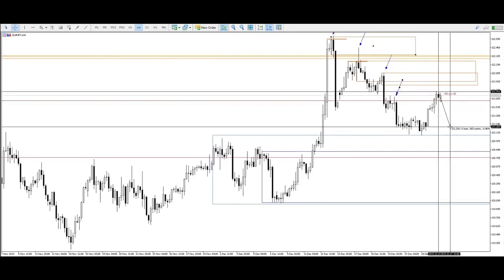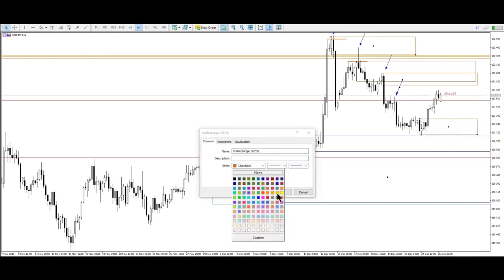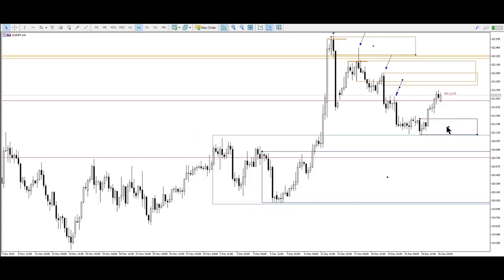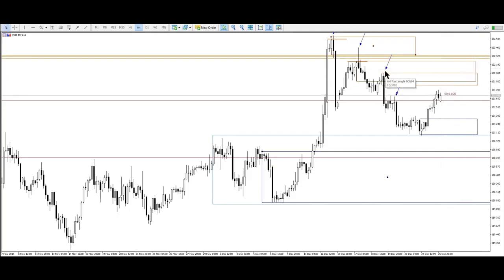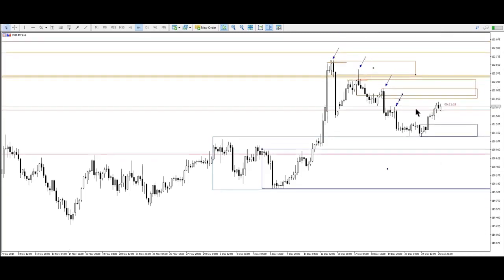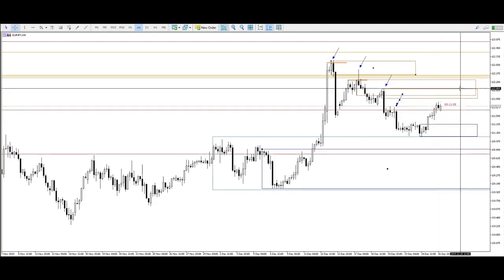So if we retrace into here, form a high or low, then that would be the next objective for all these highs. Okay, but for now these highs must hold, otherwise structure is going to turn bullish and any pullback is for longing, targeting this high ultimately.